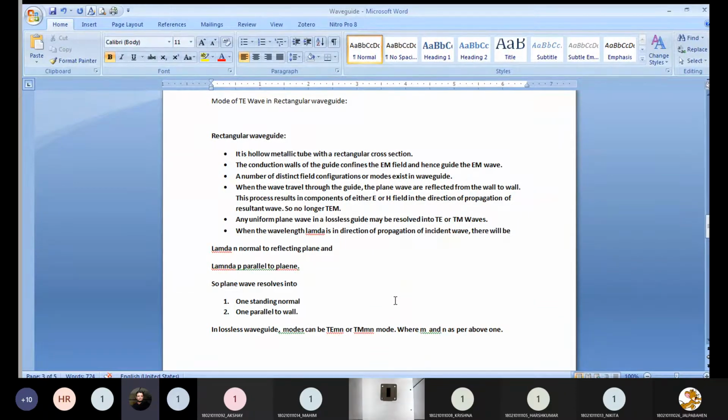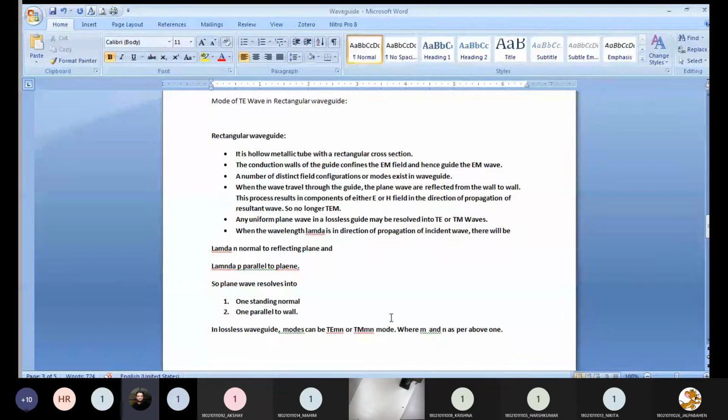Now, as I mentioned, whenever we feed the plane wave inside the waveguide, it resolves into either a TE or TM wave. When one wavelength lambda is in the direction of propagation of the incident wave, that lambda will not remain the operating wavelength, because of these conducting sidewalls.